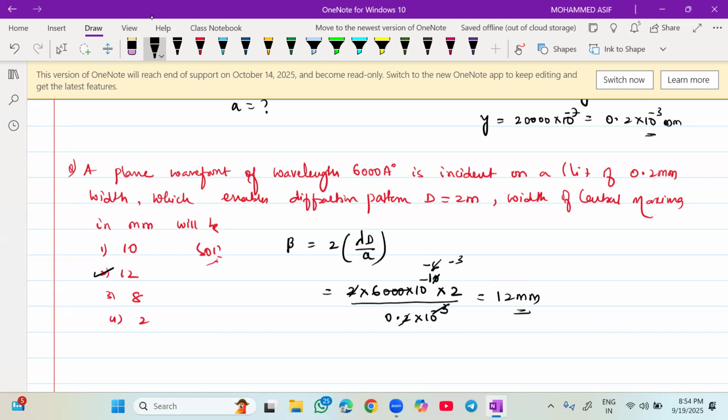This will be done. Am I clear? Done, beta?